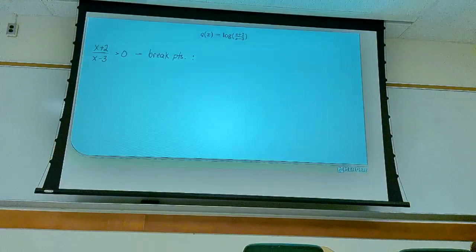It would be 0 whenever the numerator is 0. That's always true. A rational function is 0 when the numerator is 0, undefined when the denominator is 0. X plus 2 equals 0, well, that's linear, easy to see. So you get x equals -2 as a breakpoint. Where is it undefined? When x minus 3 is 0, which means x is 3.